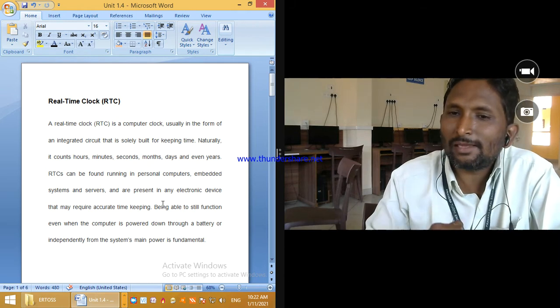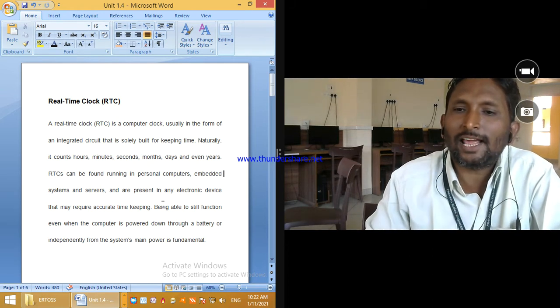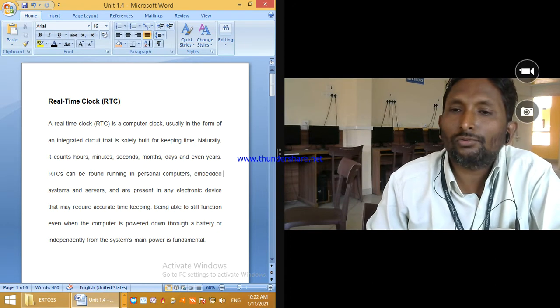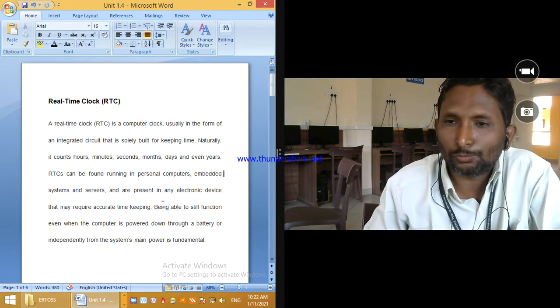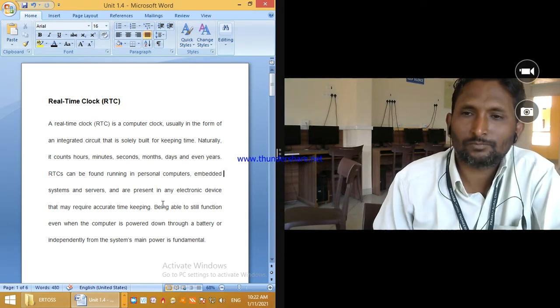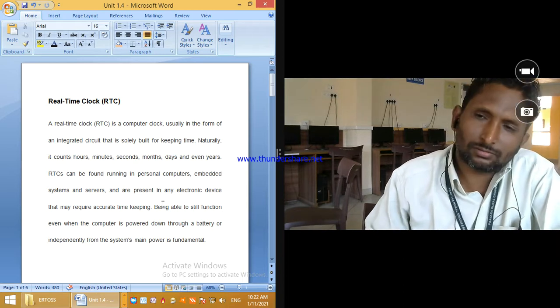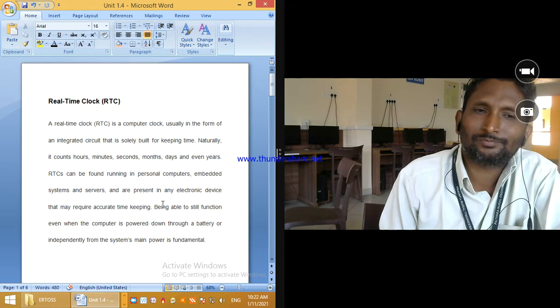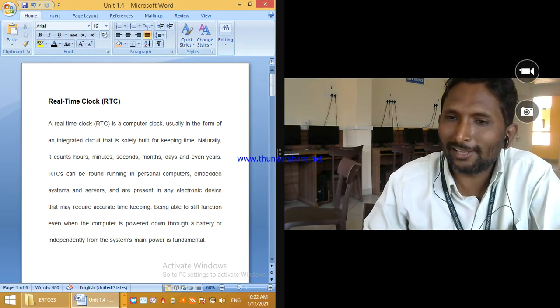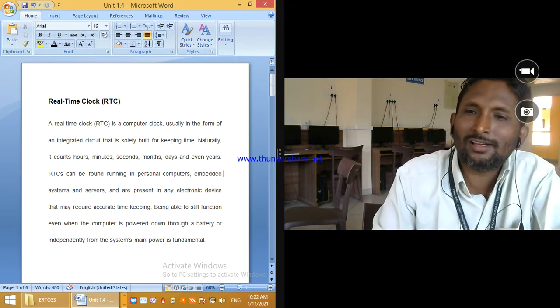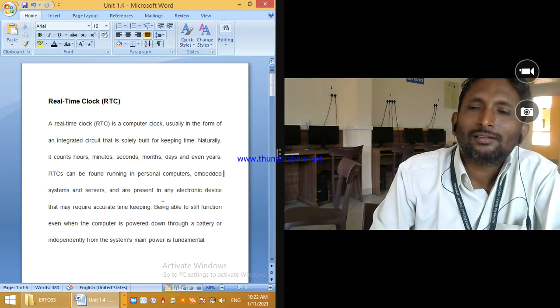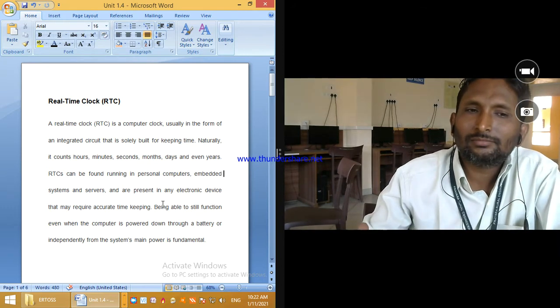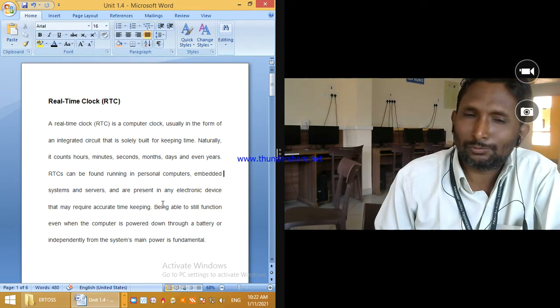It shows and keeps the record in real time of month also. It also saves the record of year also. And most important thing, it also shows the record in real time leap year also.